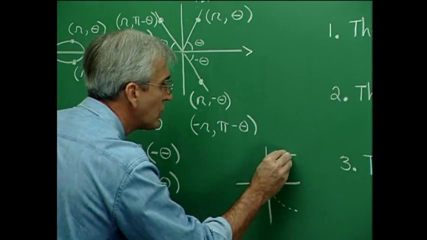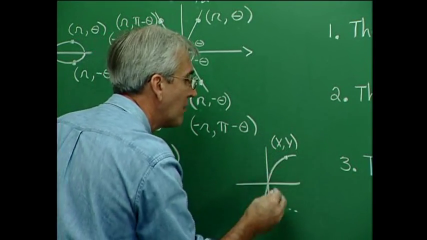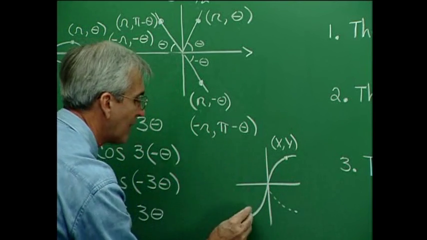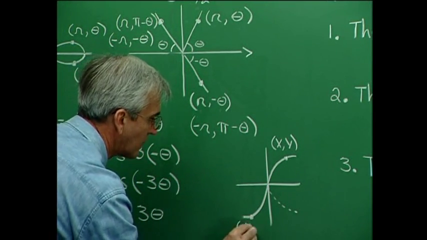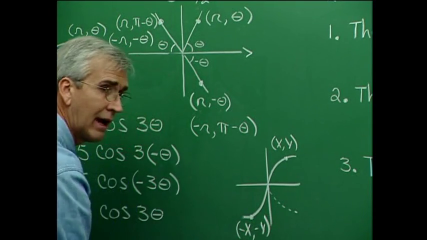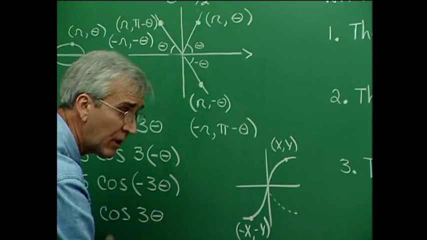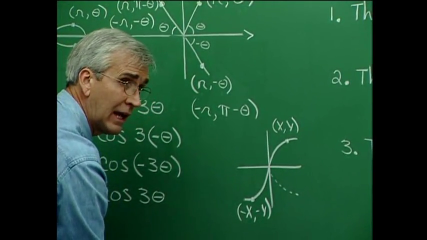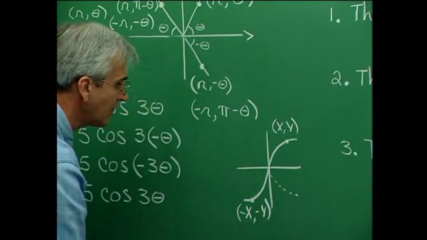So it's the notion that a point (x, y) on the graph tells us that the point (negative x, negative y) is on the graph. And to test for this kind of symmetry in our past experience, we replaced x with negative x and y with negative y, and we verified that the original equation was equivalent to that.